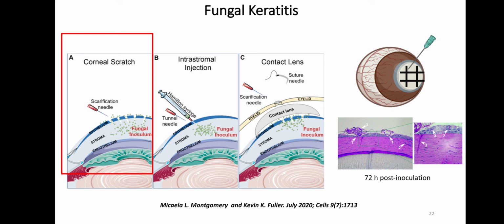We can easily kill that type of fungi with the UVC 222 nanometer exposure because it penetrates to the first layer of the epithelium. If we use the other models, B and C, maybe it will create some problems. Therefore we selected only the corneal scratch model.